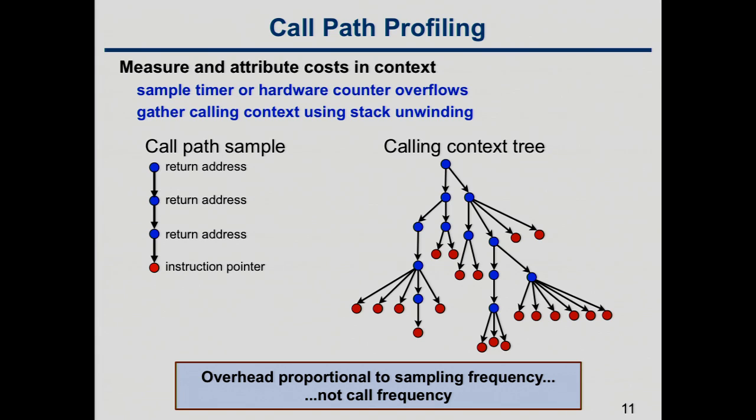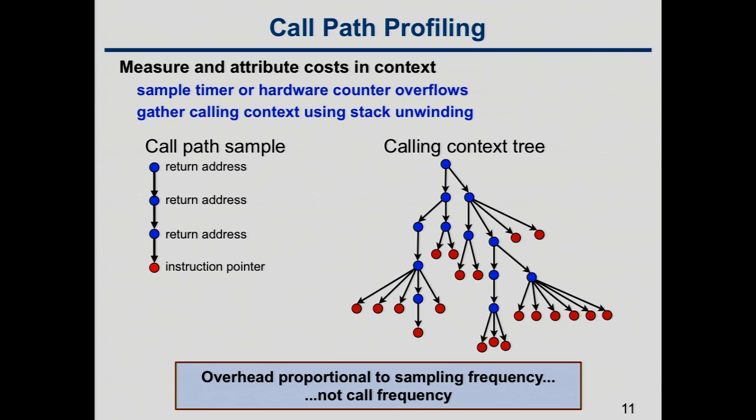You can think of the root of the tree as being main, and each of these interior blue nodes being one of the procedures in your application, and then the red dots being the instructions down at the leaves of the tree where we got a sample. So we're taking a series of these paths, gluing them all together, and factoring out the commonality. The important thing is that with this kind of approach to measurement, the overhead is proportional to the sampling frequency, not the call frequency, because we don't trace the entry and exit of every procedure.